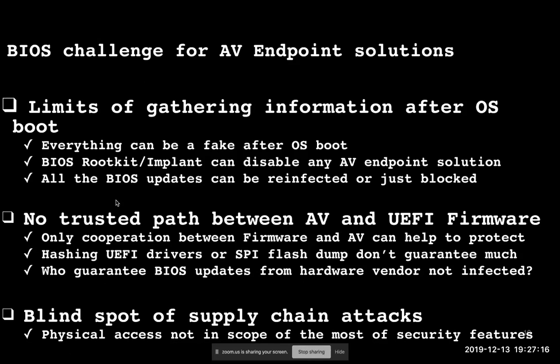Hashing UEFI drivers or SPI Flash dumps doesn't guarantee much, because even if you find an integrity problem, you don't understand the impact. So, okay, we have an integrity problem because the vendor forgot to update the driver. On some platforms it's updated, on some it's not.